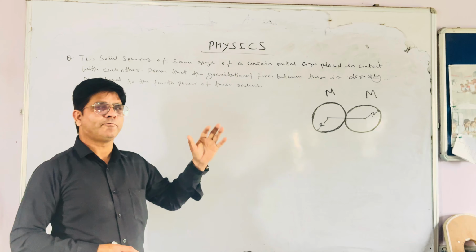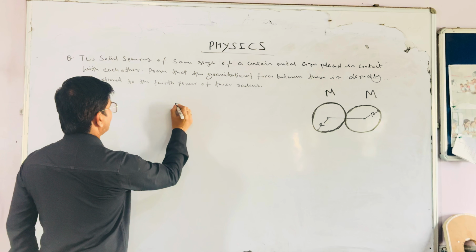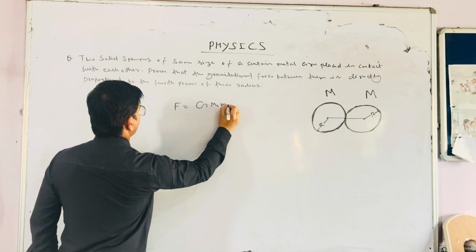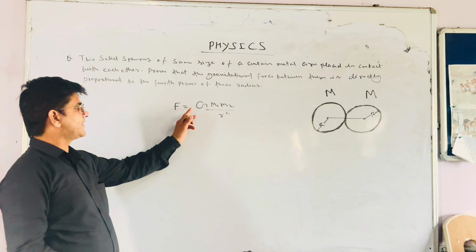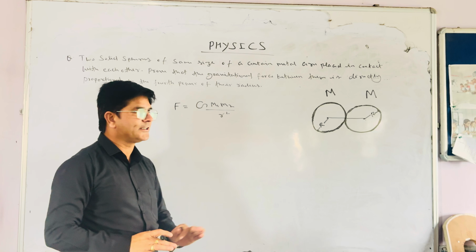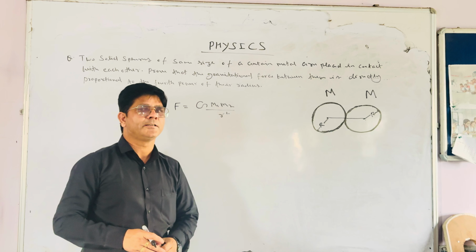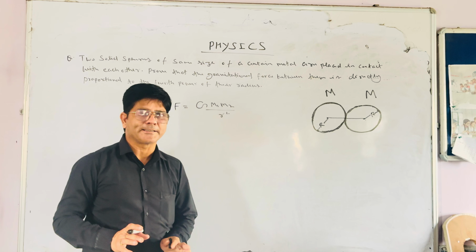So let me apply the formula of gravitational force. The force between two masses is given by the formula G m1 m2 upon r square. You already know that G is the universal gravitational constant, m1 and m2 are the masses of the objects between which the force is required, and r is the distance between them.